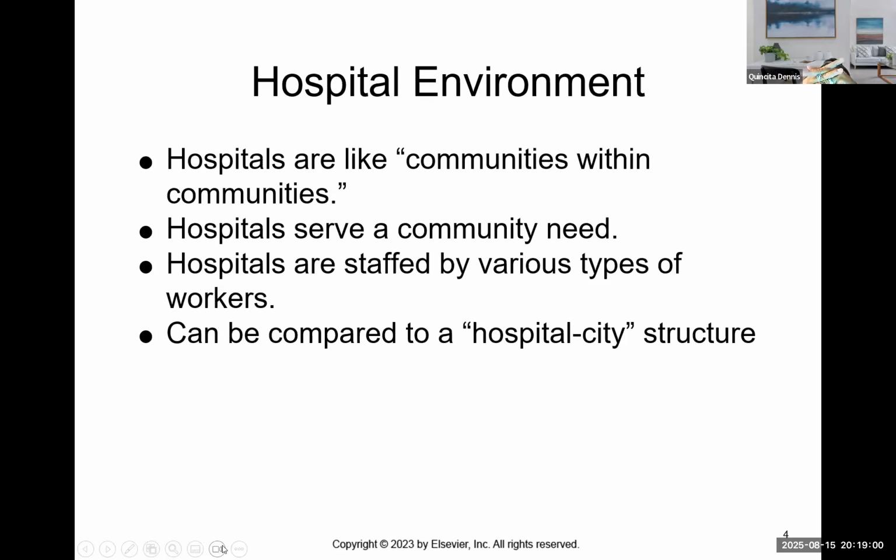All of the different jobs are needed in order to keep things running. So all parties, no matter how important or unimportant we feel they are, all of them are needed in order to run that specific piece of the puzzle. If one piece of the puzzle is missing, there may potentially be some type of lapse in the services that we're able to provide for our patients.